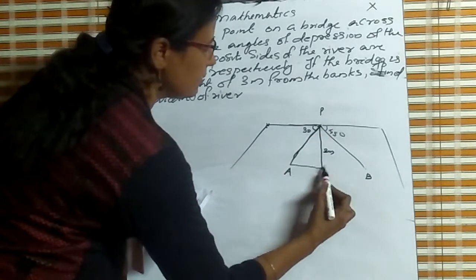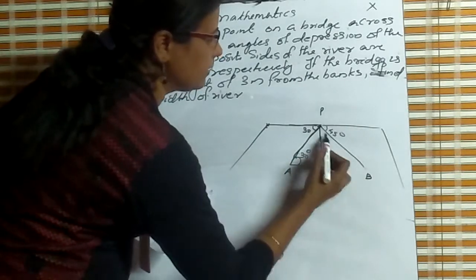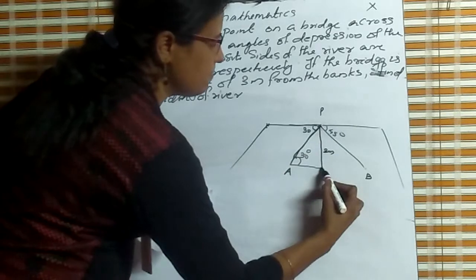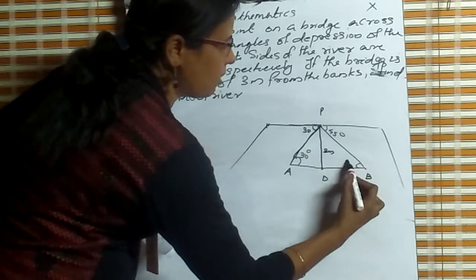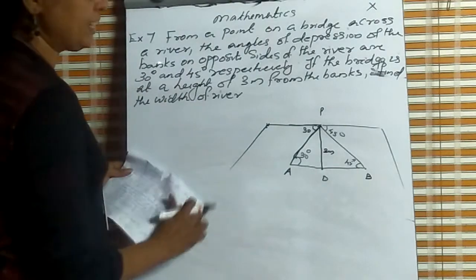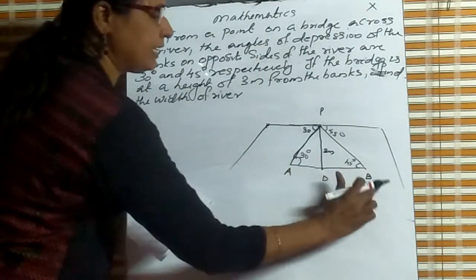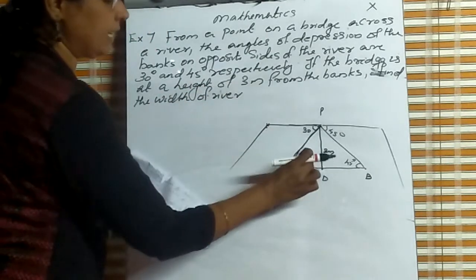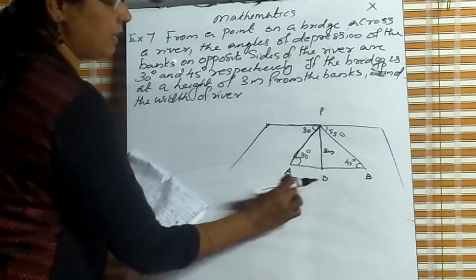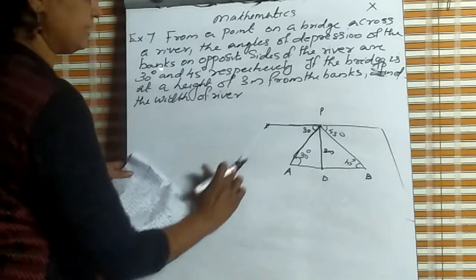So this angle is 30 degree, and this angle B is 45 degree. Our question is to find the width of the river, that means we have to find AB. For that we take the first triangle and find AD, next the other triangle and find BD.